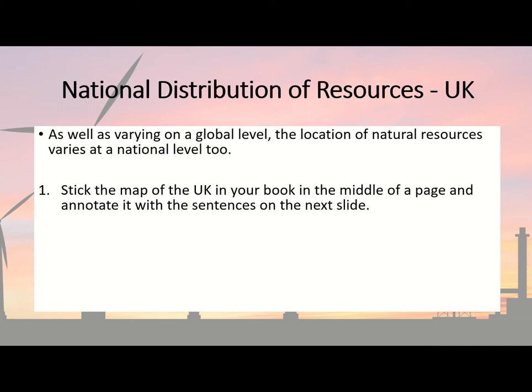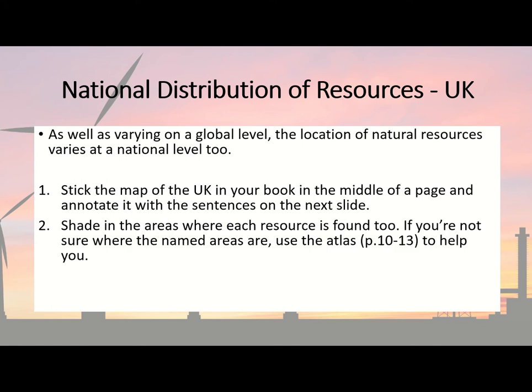But you don't just find the information, I want you to locate it. So shade or pinpoint with a straight line the different areas that I specifically refer to. Now it mentions using an atlas, but that really is only relevant if you're in the lesson. You've got Google or the internet in front of you to use to find these places. Just be wary if the place is also a location in the USA or something like that, then make sure you are looking at the right one in the United Kingdom.